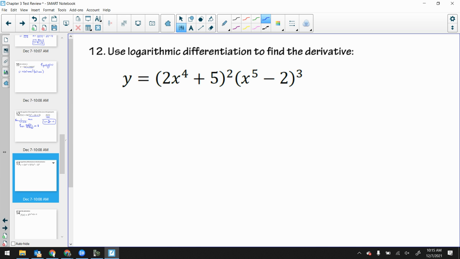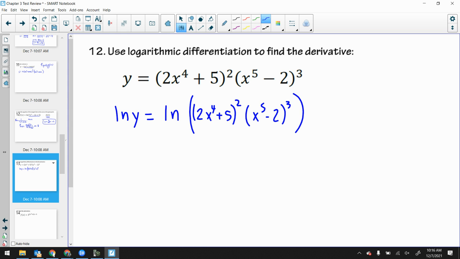Now, logarithmic differentiation just basically says, well, let's take the logarithm of both sides, the natural logarithm: ln of y, ln of this whole chunk, 2x to the 4th plus 5 squared, x to the 5th minus 2 to the 3rd.